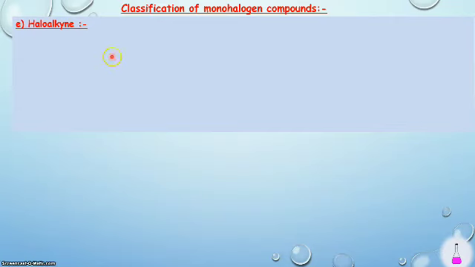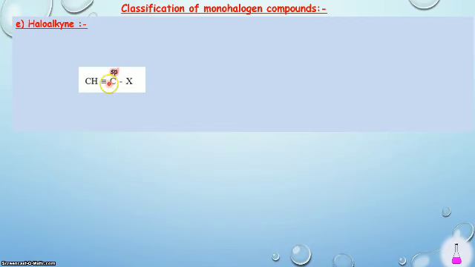The next monohalogen compound is haloalkyne. In this, halogen atom is bonded to sp hybridized carbon atom. Why is it sp hybridized carbon atom? Because this carbon forms the 2 sigma bonds. How? Carbon-halogen is 1 sigma bond, and in this triple bond, one bond is sigma bond while two bonds are pi bonds.